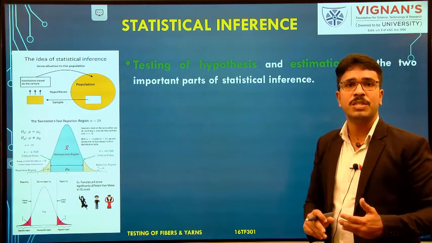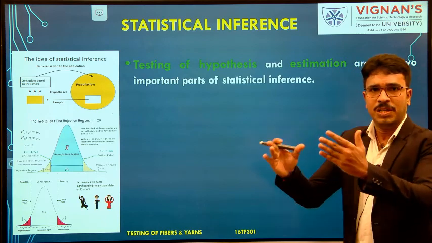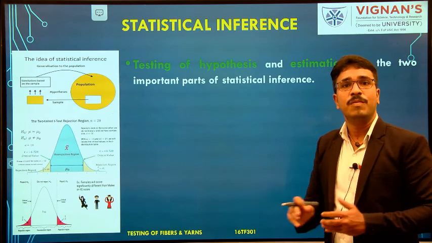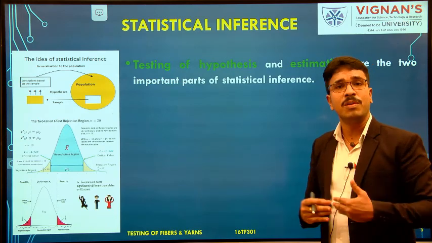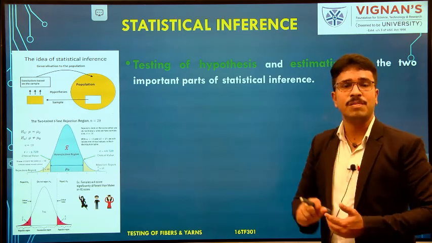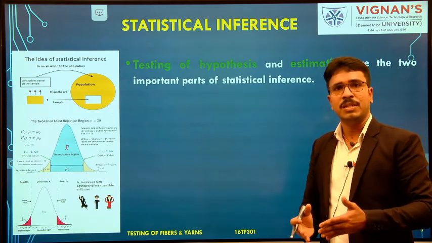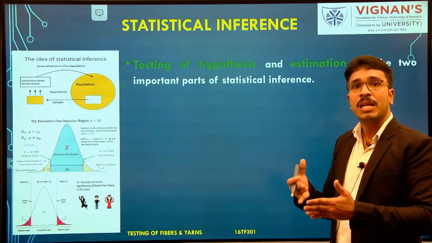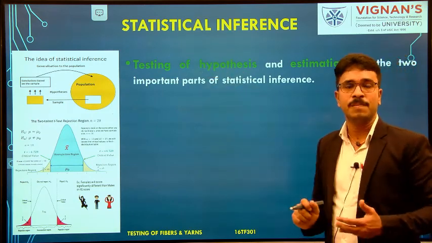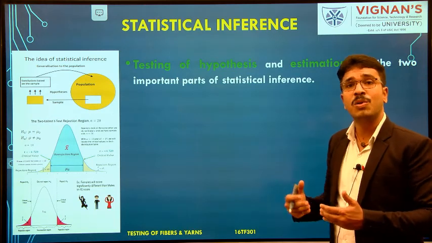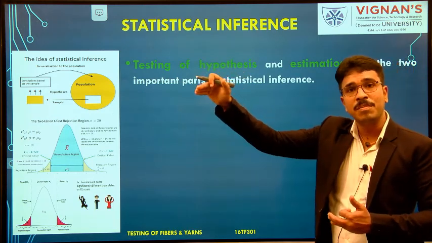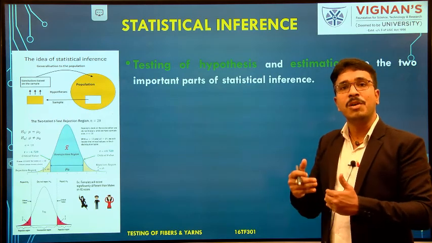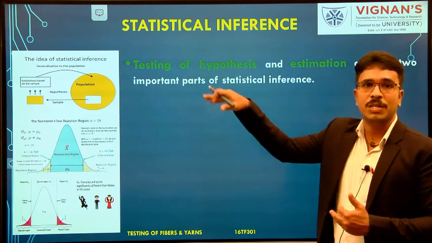What do you mean by estimation? There is a population, and we need to know certain parameters about the population which we don't know. So we select a few samples from the population, and by measuring the samples, we estimate the unknown population parameters. Based on the sample results, we estimate the population parameter.